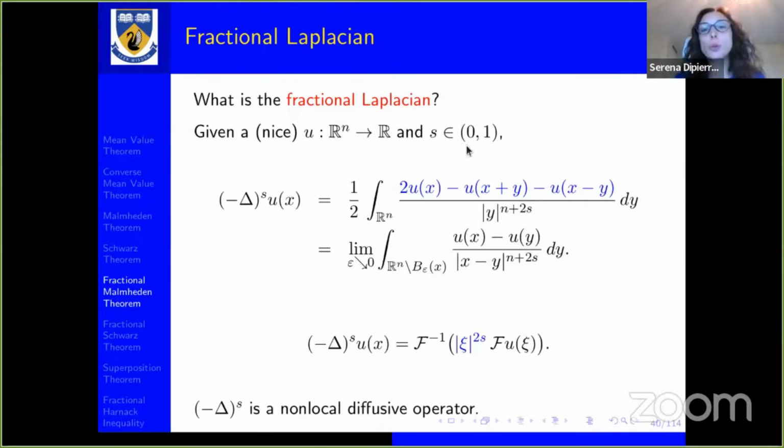When s tends to 1, the fractional Laplacian, when multiplied by a suitable constant depending on s, containing the term 1 minus s, would converge to the Laplacian. So we expect some nice properties of the fractional Laplacian to be inherited from the classical case.